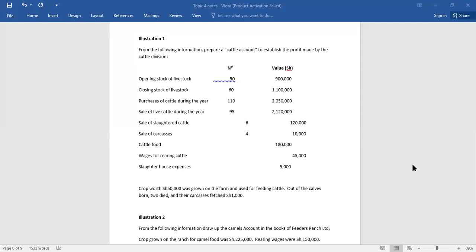So just in the normal way, we are going to have the debit and the credit. And you said that expenses are debited, income items are credited.